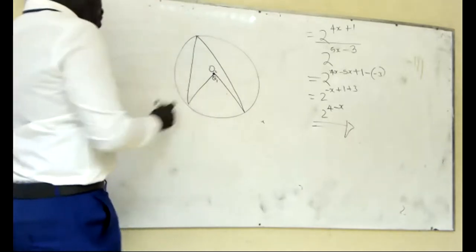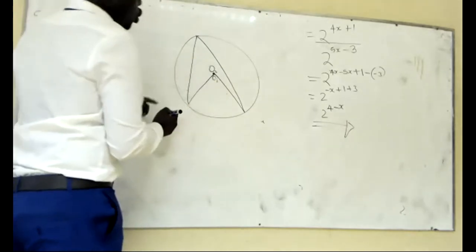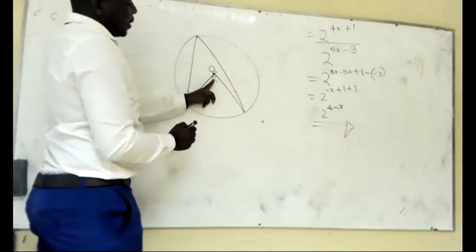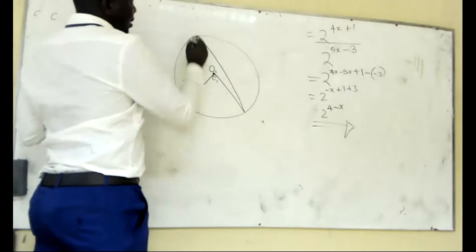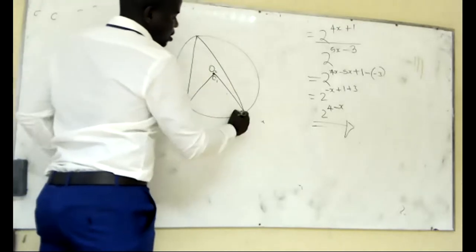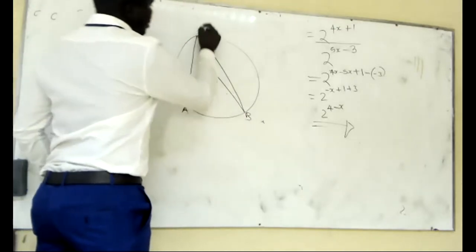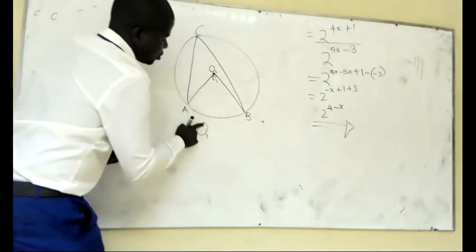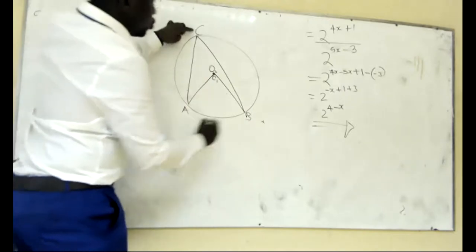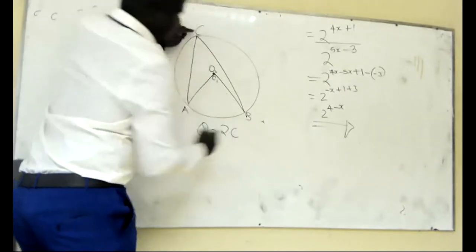So now the angle at the center of the circle is twice the angle at the circumference. If we say this is A, this is B, and this is C, now O1 will be equal to 2 times C.